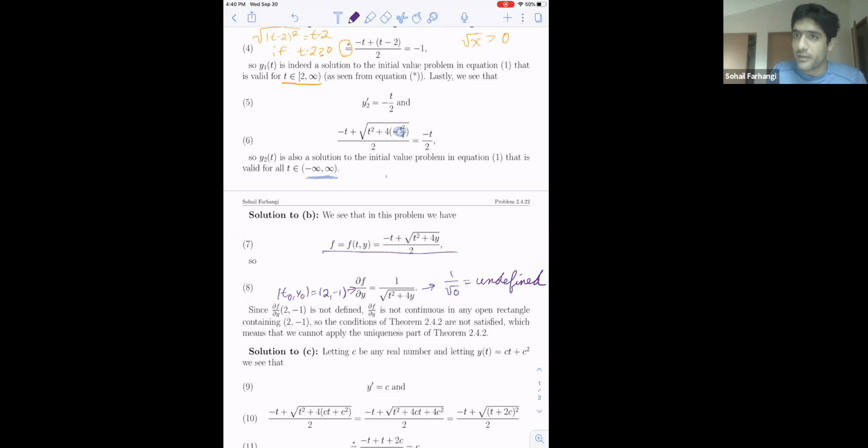And that is why we're able to find two solutions: we're not restricted by this theorem if we don't satisfy its hypotheses.